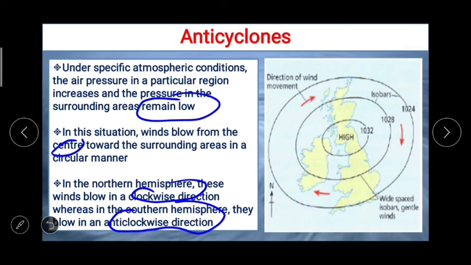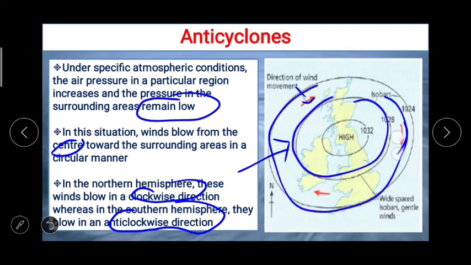Here now in the figure you can easily see how it forms. Direction of wind movement, this one, and wind, you can see this here, how it is going in the direction.